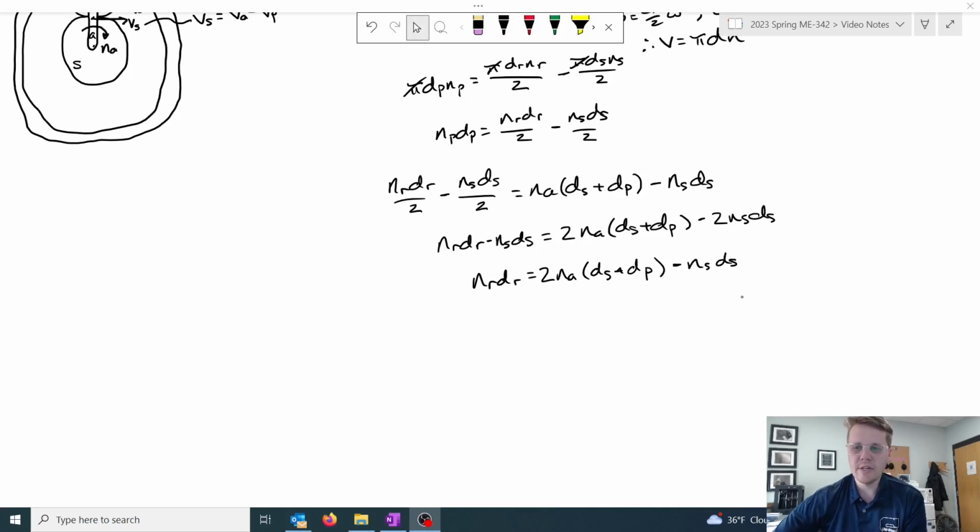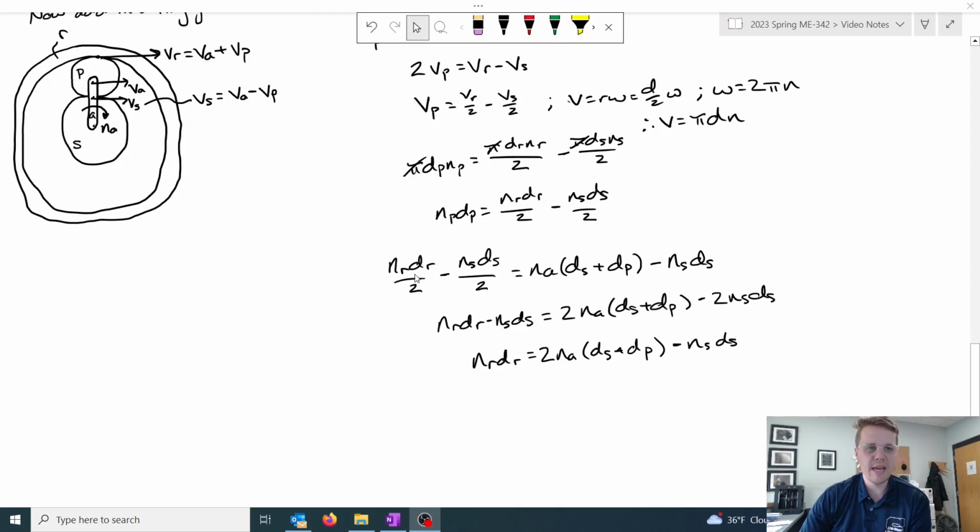and finally I'm going to take some geometry and substitute it in here. That basically is that the diameter of the ring gear is equal to the diameter of the sun plus 2 diameters of the planet. That's the only way it works, right, for those diameters to be related in that way.